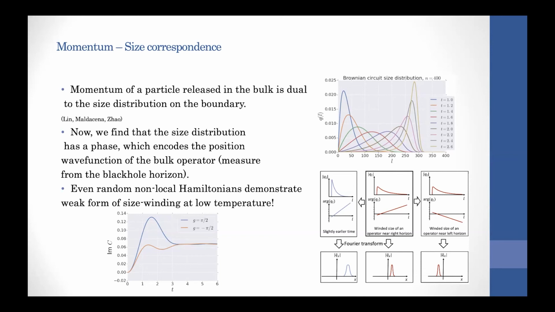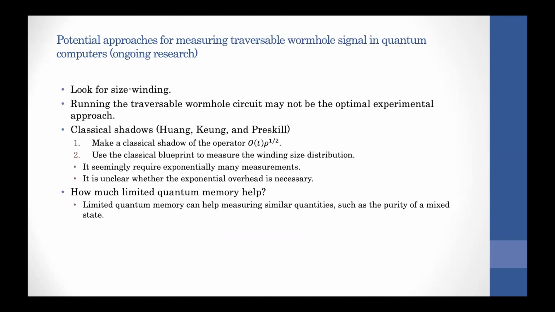The fun fact is that you can see signatures of this size winding in non-gravitational systems, like in random Hamiltonians, but it's very weak, and the operator coefficients are not on a line, they are on an ellipsoid. So I expect this nice size winding to be a signature of gravity because, as I explained, it's dual to traversable wormholes.